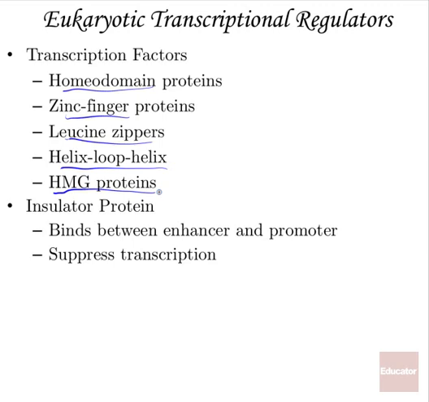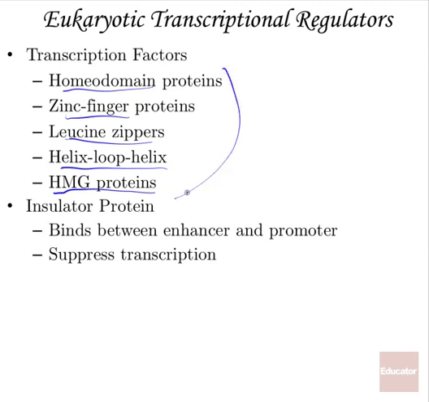We also have insulator proteins, which are proteins that bind between the enhancer and the promoter in a gene, and they suppress transcription. So if we remember, enhancers are usually far upstream of where the core gene element itself starts. Up here are transcription factors.